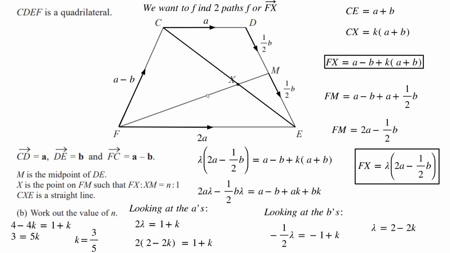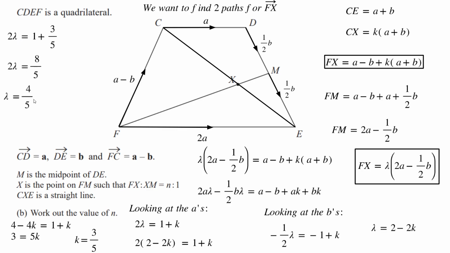We don't want CX, we want FX. So we need to find lambda, because if you remember, lambda was our FX. So just plug it into any one of the equations to get the other one. K equals 3 over 5. I plugged it into this one. This one actually, sorry. And then we can solve for lambda.